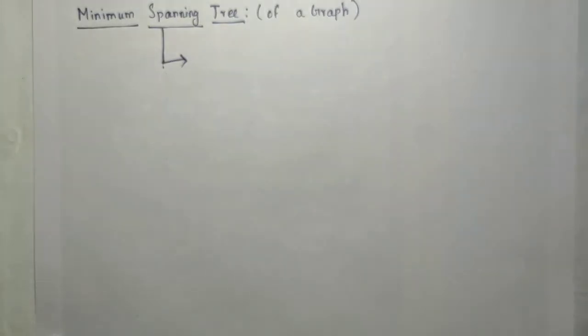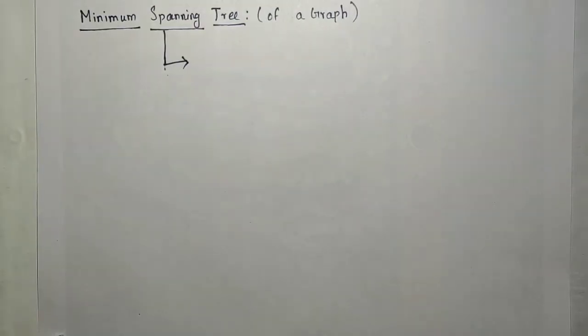And what is minimum spanning tree? The minimum spanning tree belongs to that weighted undirected graph. It means that each edge of that graph will have some cost, some integer number. Minimum spanning tree means the spanning tree with minimum total cost.